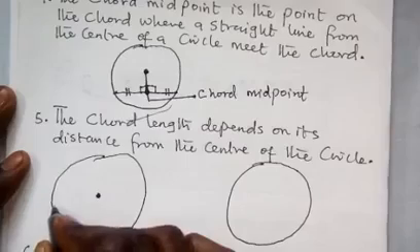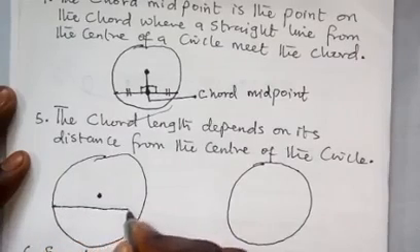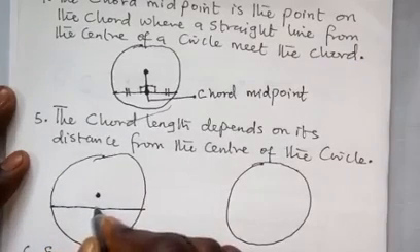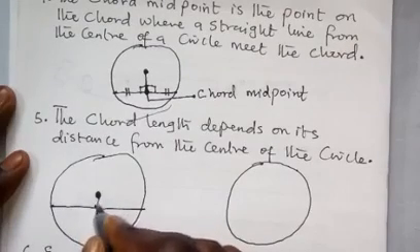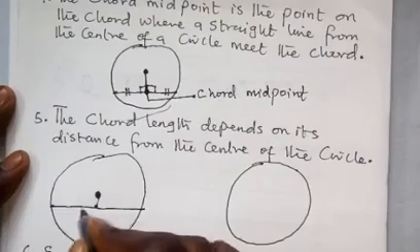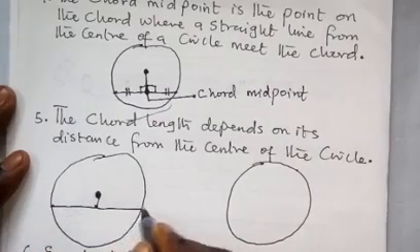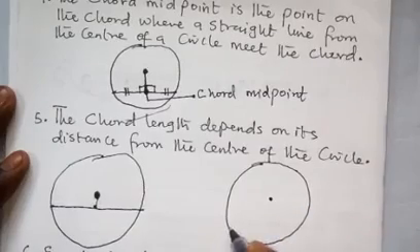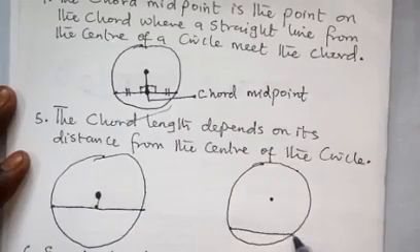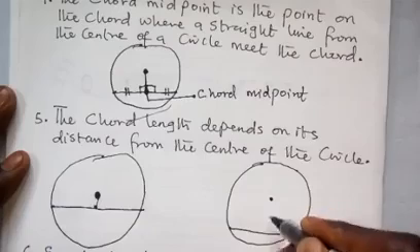Now if I draw a chord such that the chord is quite close to the center of the circle, that is, the distance of the chord from the center is small, take a look at the length, see how long the chord is. Now compare that to this other chord which is drawn far away from the center of the circle.